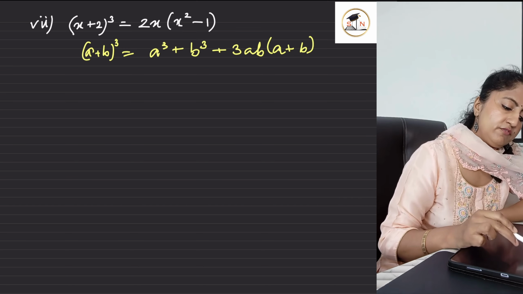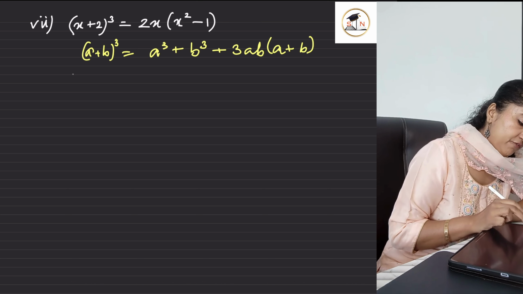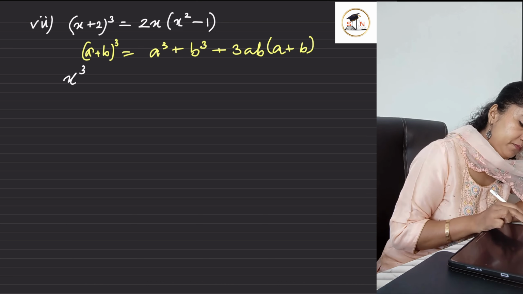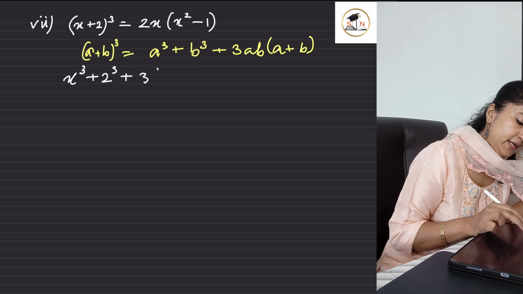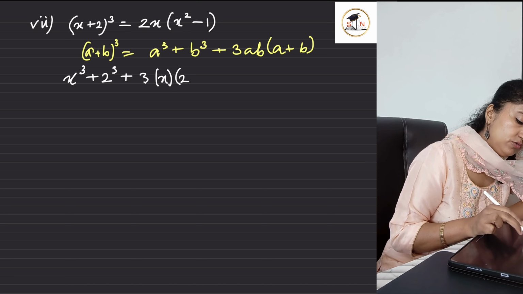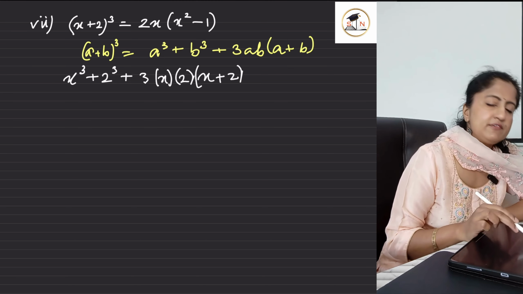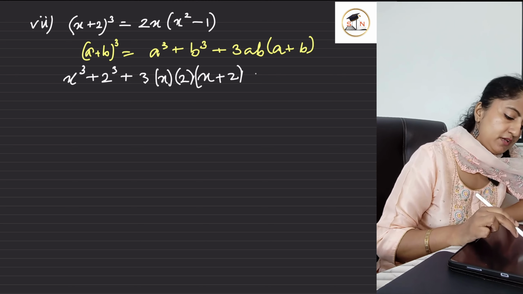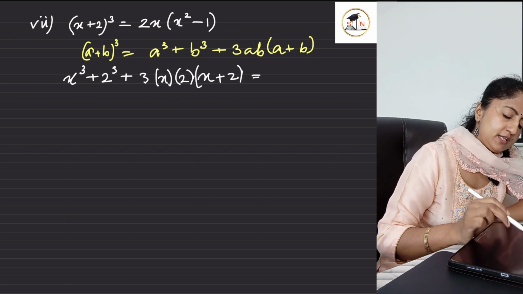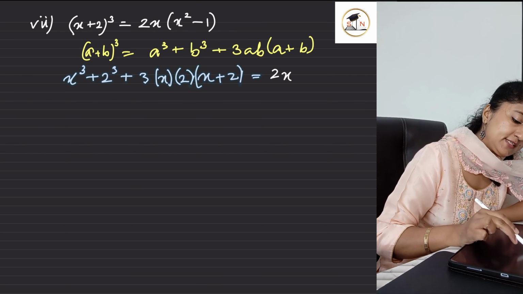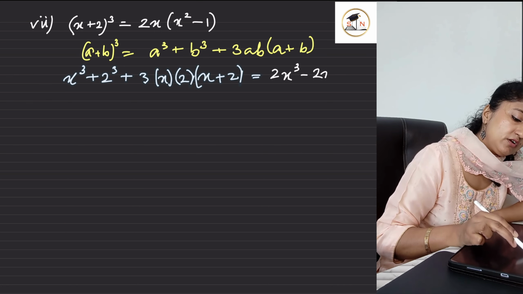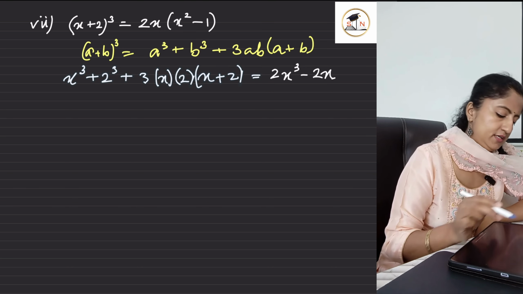So let's start with the substitution now. We will have x cube plus 2 cube plus 3 into x into 2 brackets x plus 2. This is how I have expanded the LHS. Now moving on with the RHS, we get 2x cube minus 2x, right?